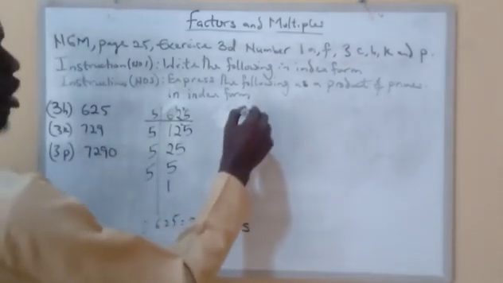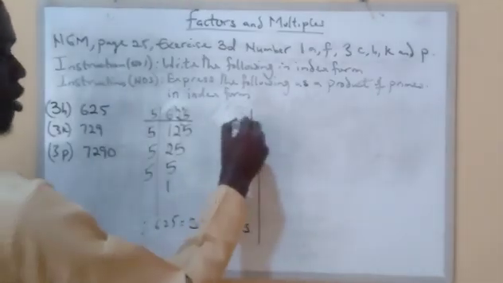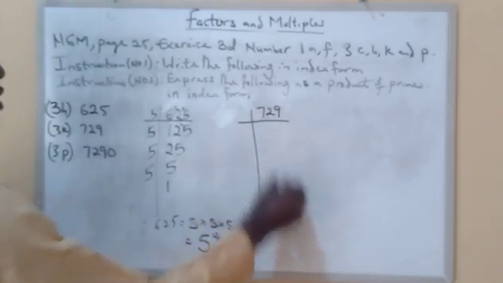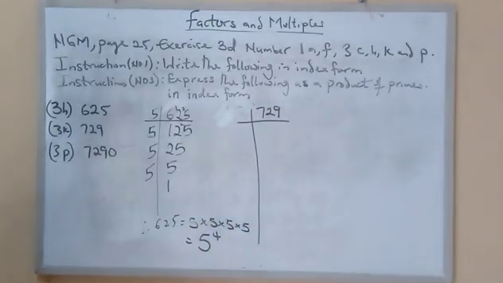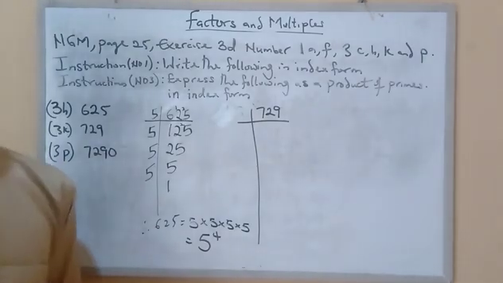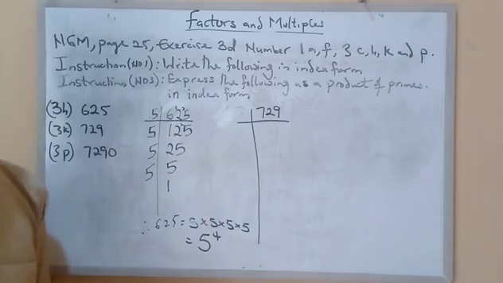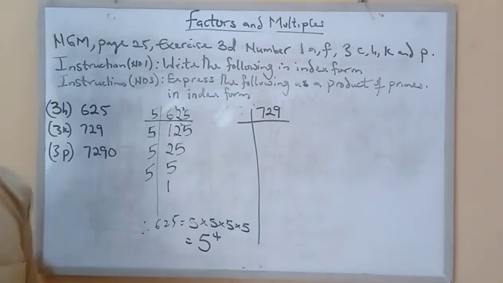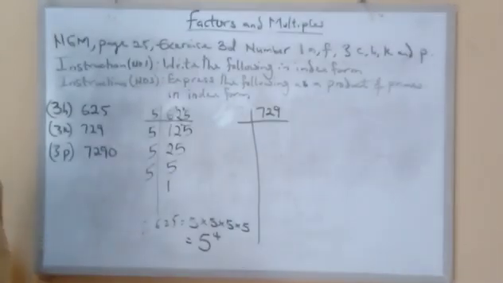The other one is the 3K, which is 729. How do we also do this? What number can we use that is a prime number and also a factor, meaning a prime factor? Can we use 2?